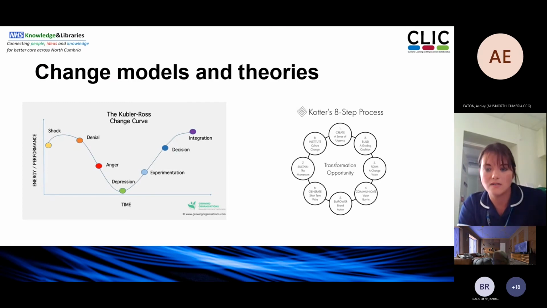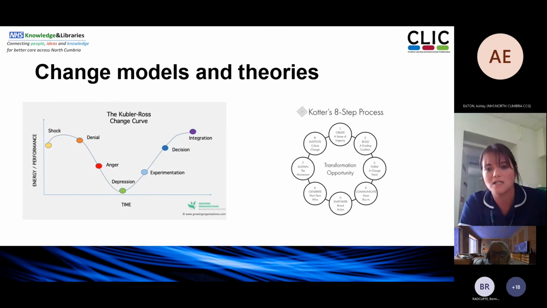I've used Kotter's 8-step process, and it helps you as a leader guide you into knowing what steps to take when implementing that change, whether it's helping people understand the need for that change, how the future will be different to the past and communicating that to everyone, what impact this change would have, removing any barriers that are there and articulating that connection between new behaviours and organisational success.